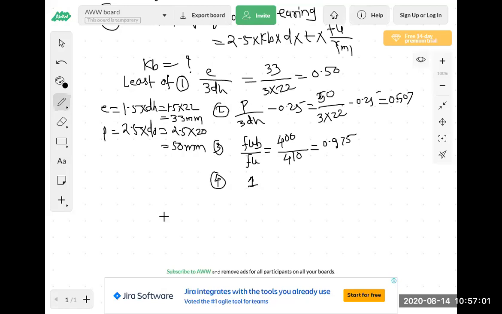So now kb is equal to the minimum of these, which is 0.5. So kb is equal to 0.5.